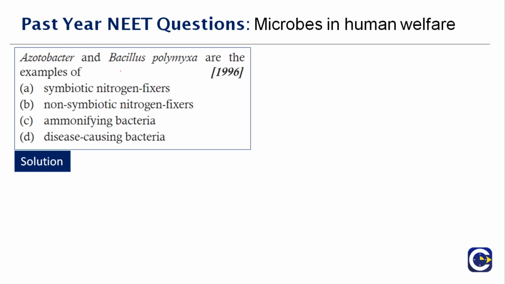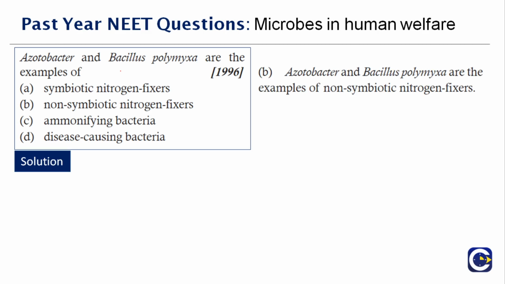They will not live in association with any other organism, but they still do their activity of fixing nitrogen. They do not live in mutual understanding, but they live freely and do their activity. So Azotobacter and Bacillus polymyxa are examples of non-symbiotic nitrogen fixers. I can give you some examples of symbiotic relationship: you have Rhizobium, Azolla, where they live in association with another organism and do their activity.